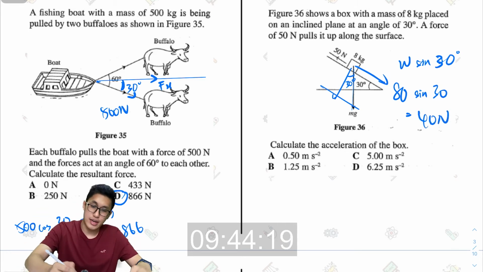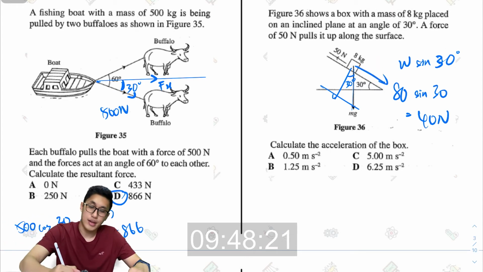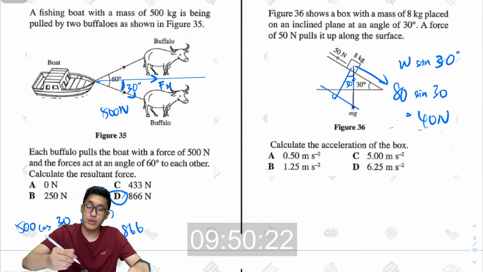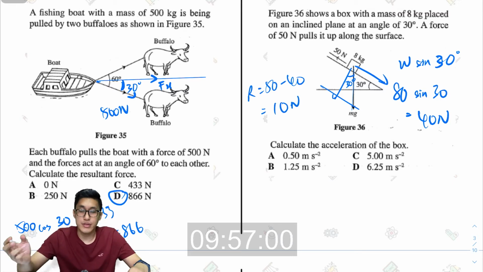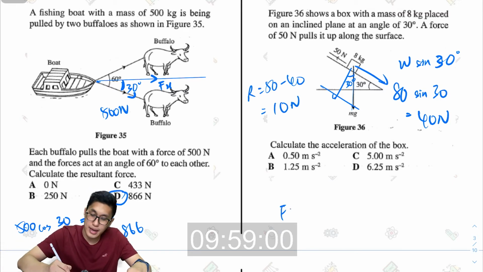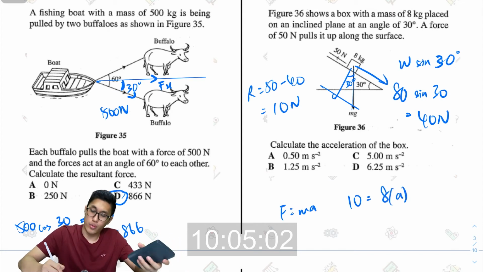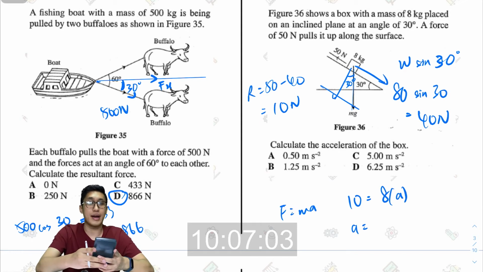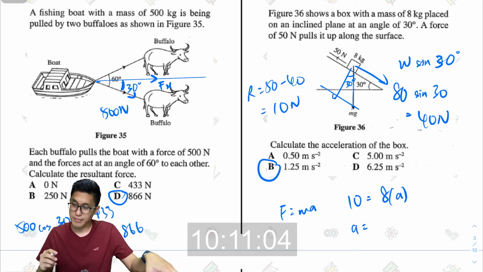Okay, so there's a downwards force this way of 40 newtons. Upwards force is 50 newtons, so the resultant force is 10 newtons. And we know that the resultant force F is equals to ma. So 10 newtons is equals to the mass 8 times the acceleration. So A would be 10 divided by 8. It would be 1.25. Is that correct?